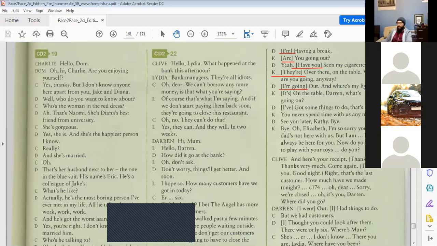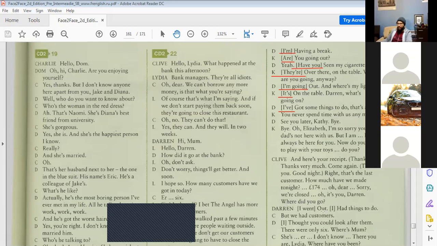What about, where's my lighter? What did he say? On the table. He didn't say it's. What's going on? What did he say? Got some things. He didn't say, I've got some things to do. That's correct. And then here, Darren, when his father asked him, where did you go?